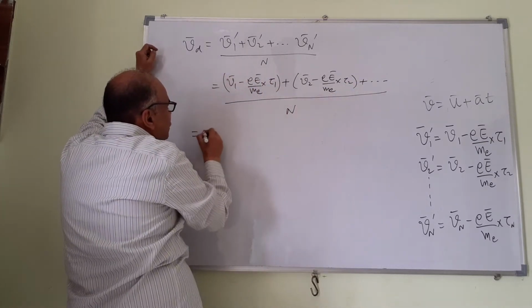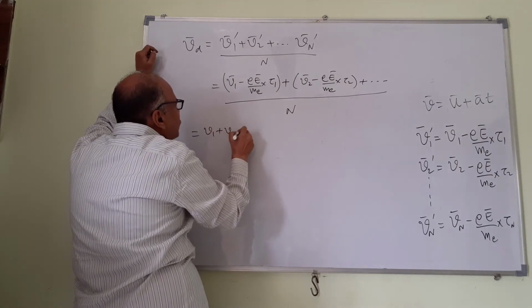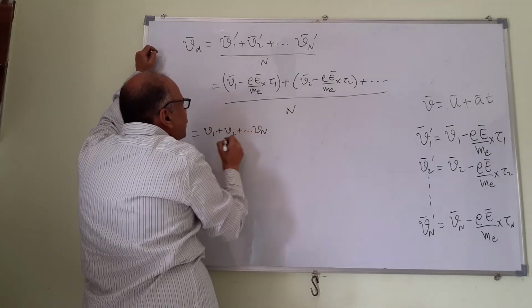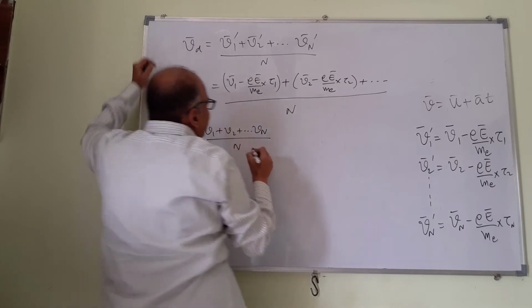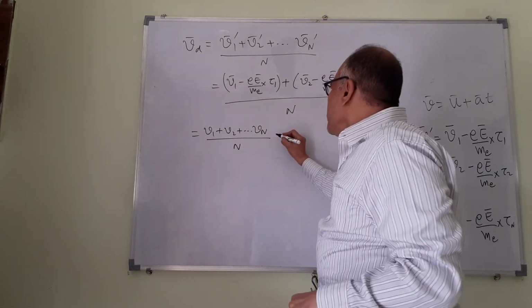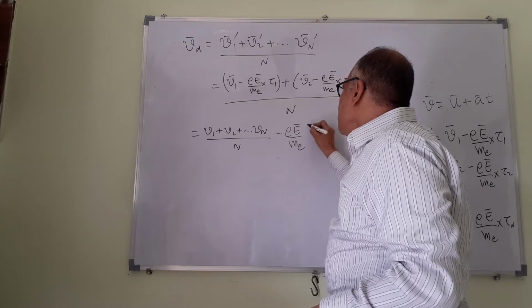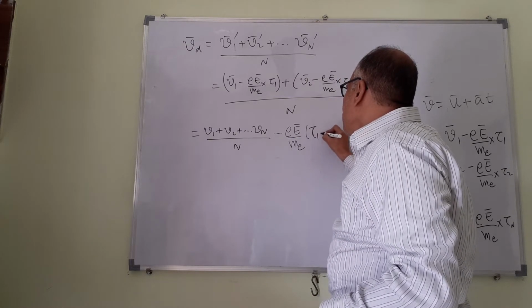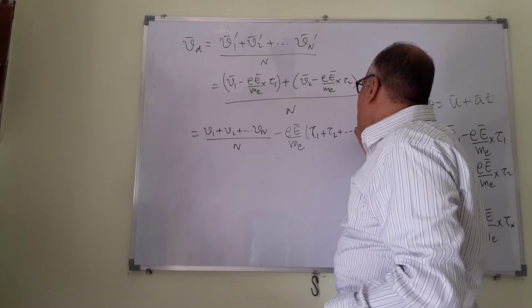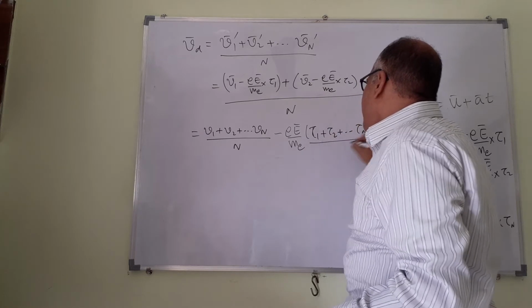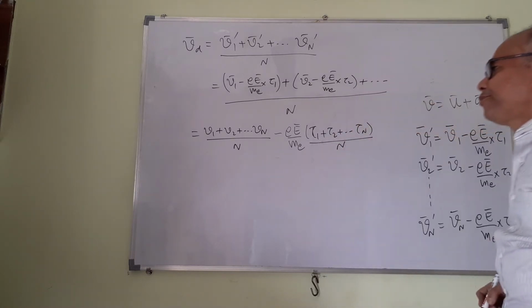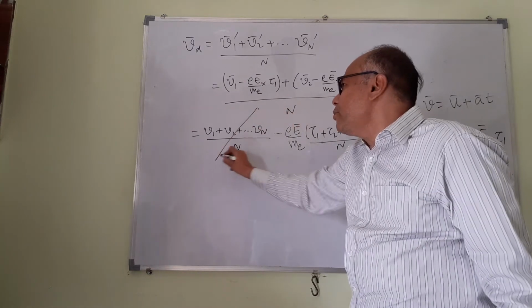Now what you would have is v1, v2, etc. up to vn by n, and here we'll have minus e by me into tau 1 plus tau 2, so on up to tau n, divided by n. This term we saw was 0.